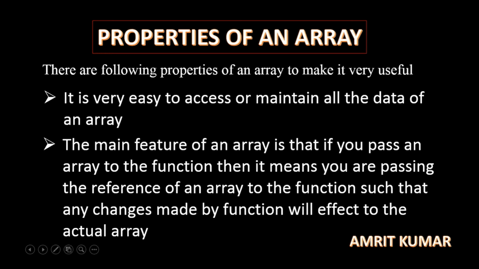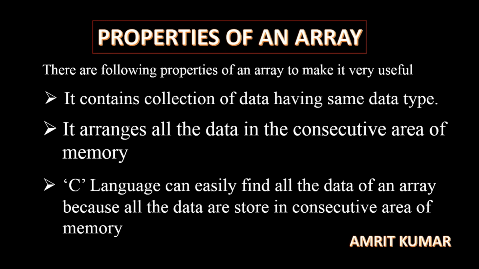And that is the most important property of an array: you can still use an array in a function, and if you change something there, it is going to be changed in the array. So we can say this is a very important property. Let's revise the properties.